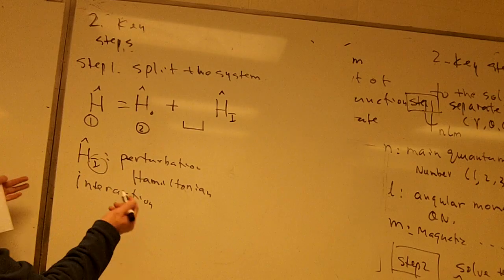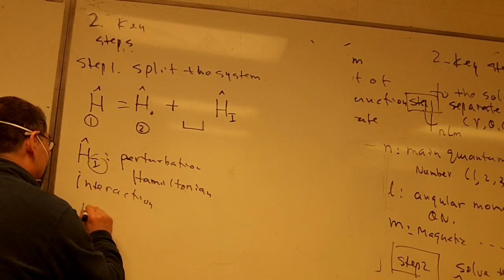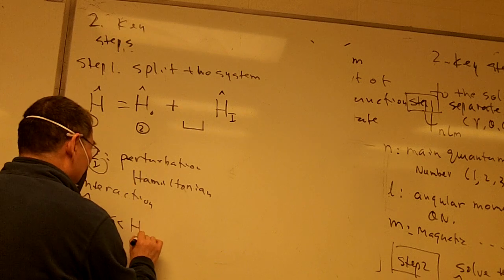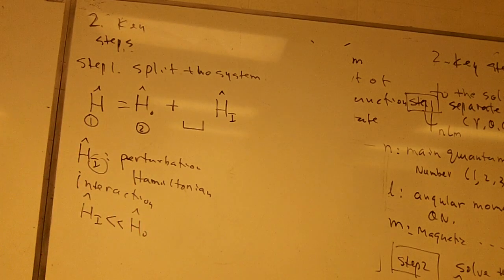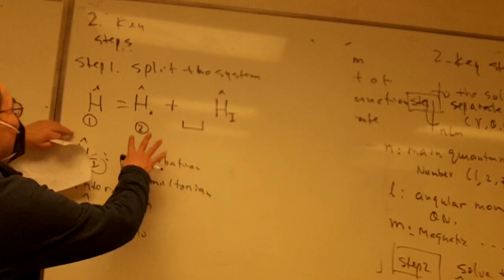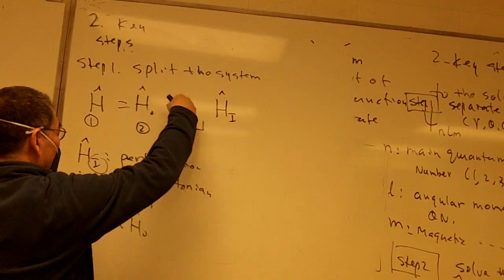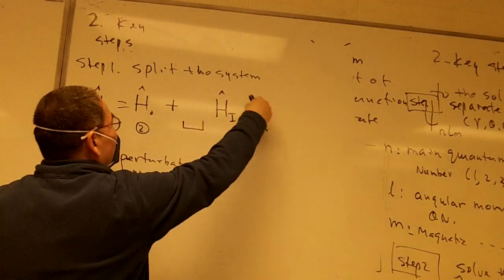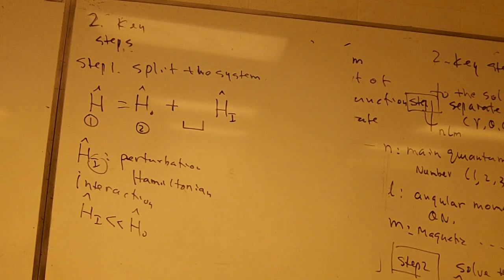Now, the smallness must be guaranteed here. This term must be much, much smaller than the first term. So essentially what we did was split the system into two. One is the original, non-interactive term, which is unperturbed, and this is where the perturbation comes out.